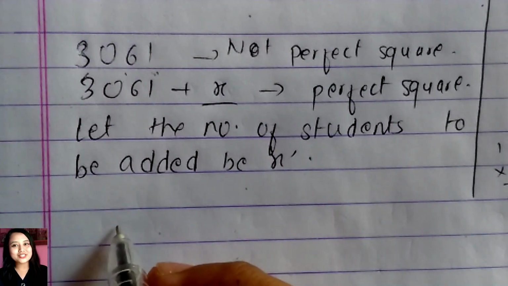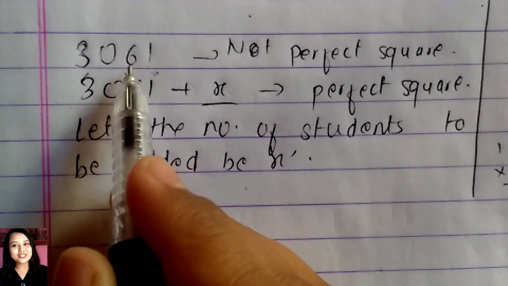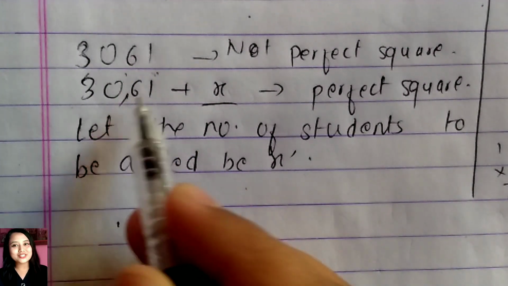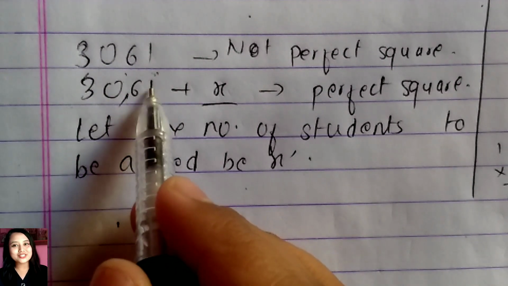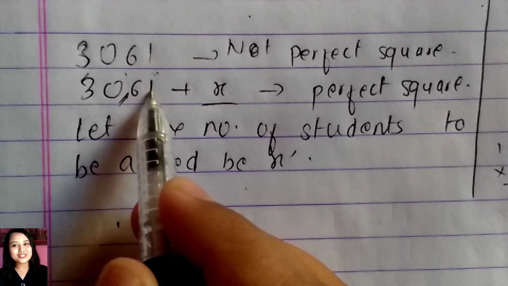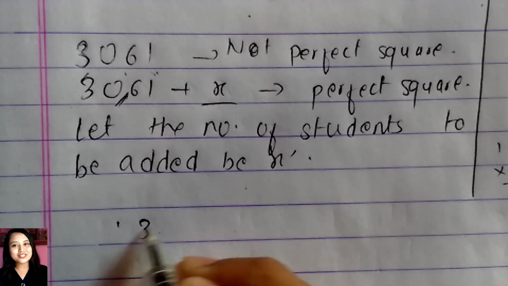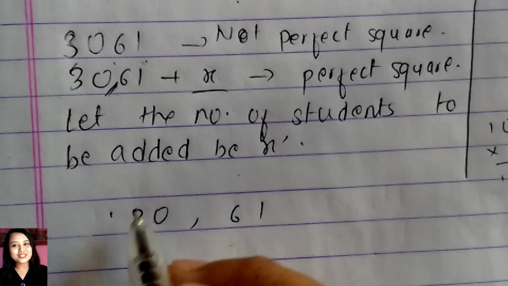So 3061, first of all, we will divide it into pairs. We go from right to left and divide one pair, then another pair, like this: 30 and 61.